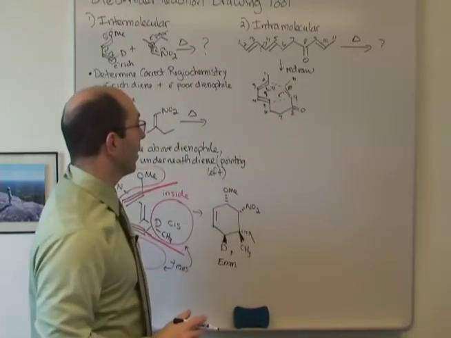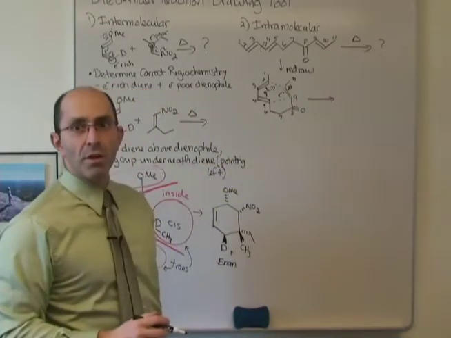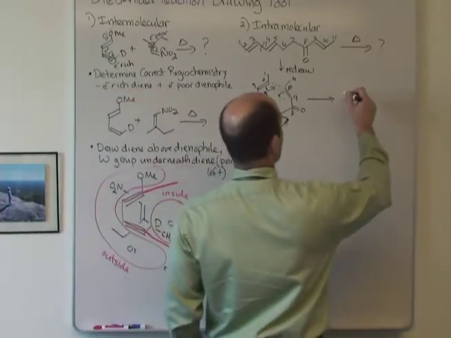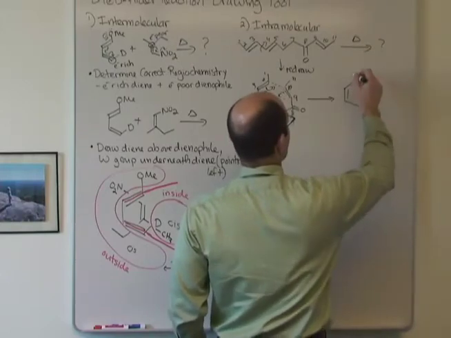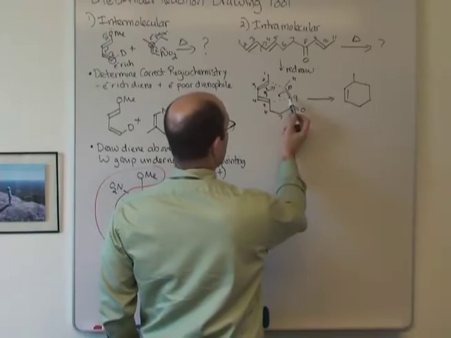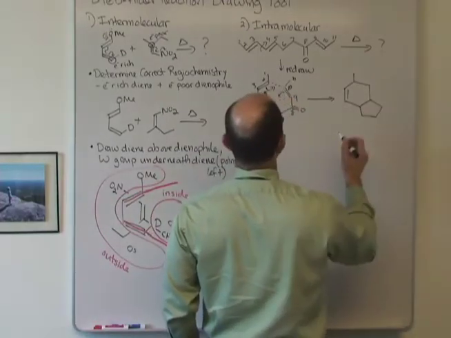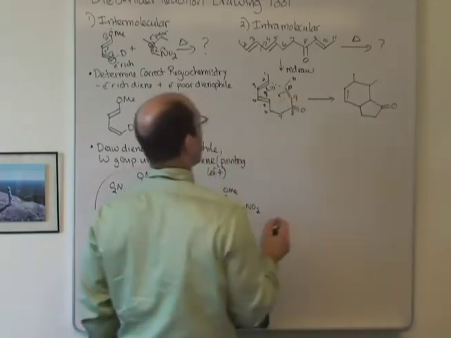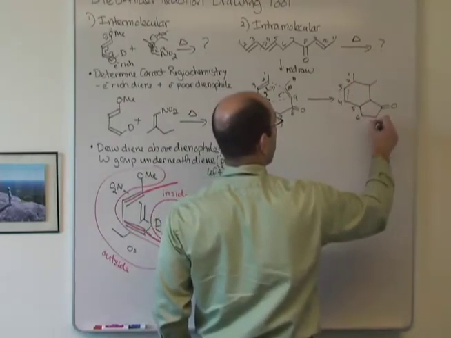All right, and usually what I'll do is just draw out what the skeleton looks like and then do the drawing tool to figure out the stereochemistry, right? So if we draw out what this is going to look like, we get our 6-membered ring, methyl group. We're going to get a 1, 2, 3, 4, 5-membered ring here, right? So that'll be a 5-membered ring coming off in that position, methyl, ketone, right? And again, you can number that to make sure we got it right.